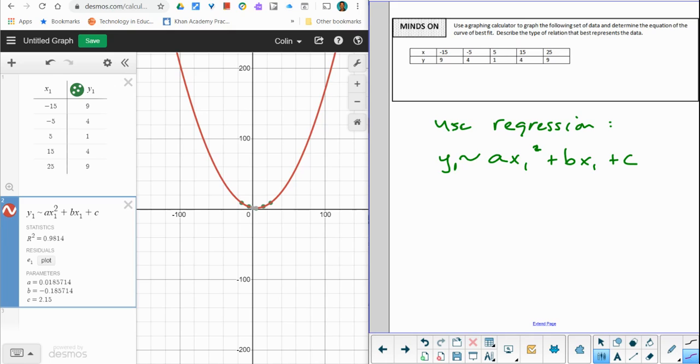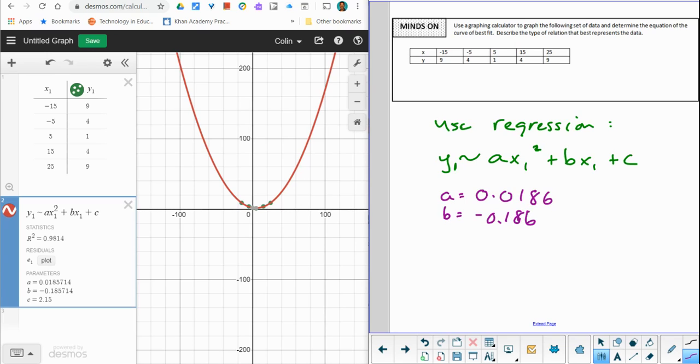Here we know that A is, and I would round these numbers, 0.0186, let's say. B is negative 0.186 as well.